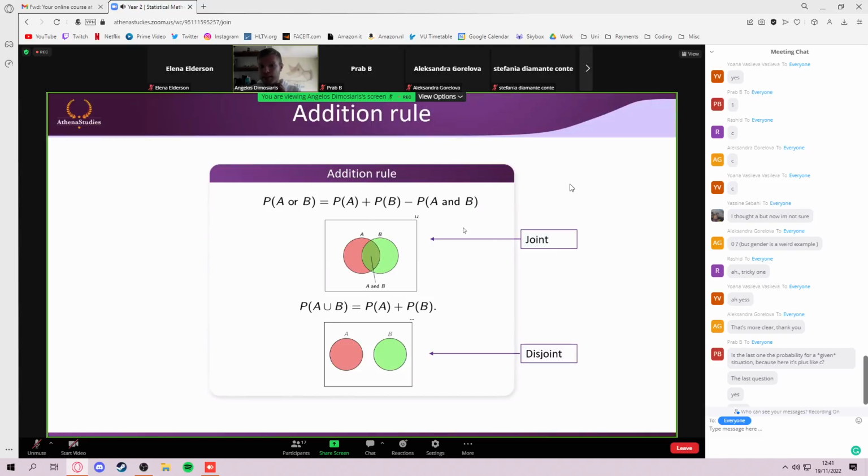Okay, so the addition rule. Let's talk about the joint case again. We care about A or B, so we care about the light red and the light green. We don't care about the dark green because the dark green area is A and B. So what do we say? It's the probability that A will happen, so all of A, including this overlapping area, plus the probability of B, all of B, including this overlapping area, minus the probability of the overlap.